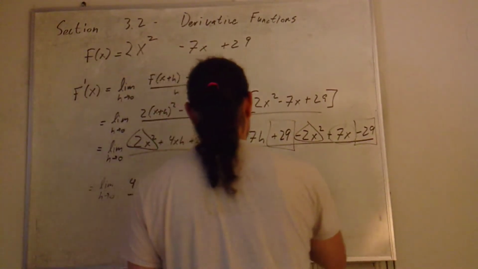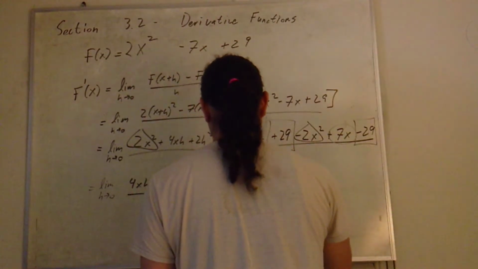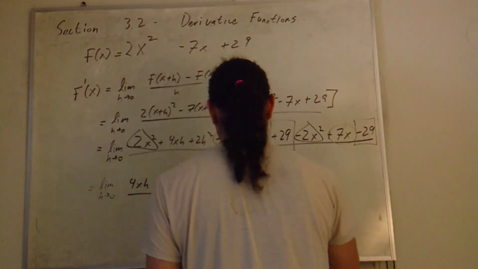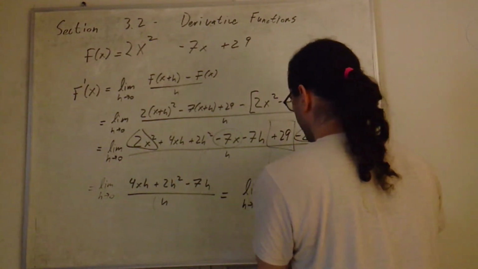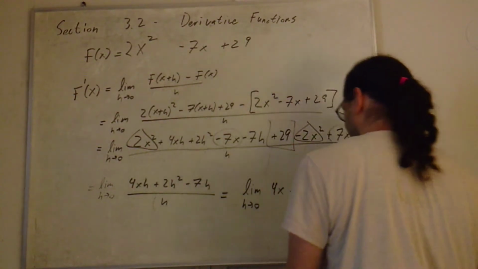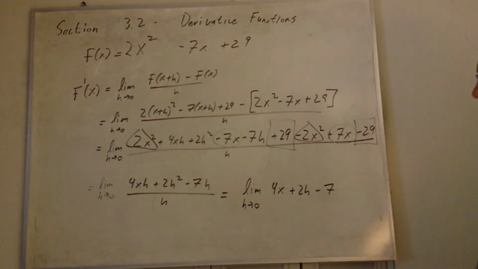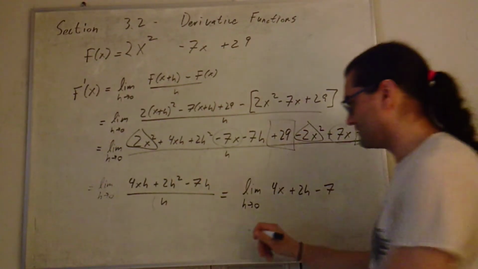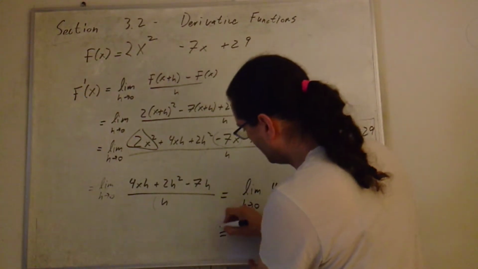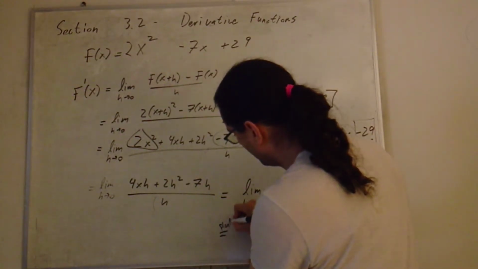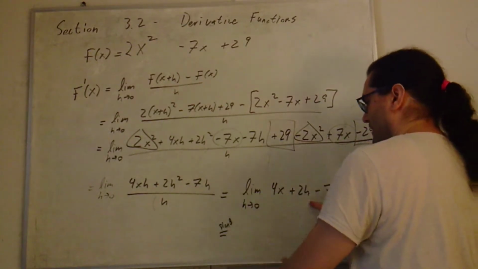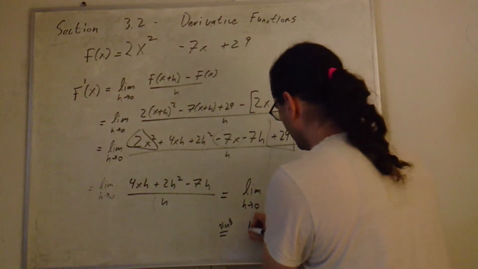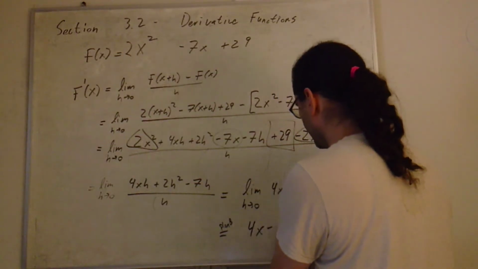That'll give us the limit as h goes to 0 of 4x plus 2h minus 7. And now at last we can execute plan B by setting h equal to 0 because it's no longer part of the denominator. And we will get 4x minus 7.